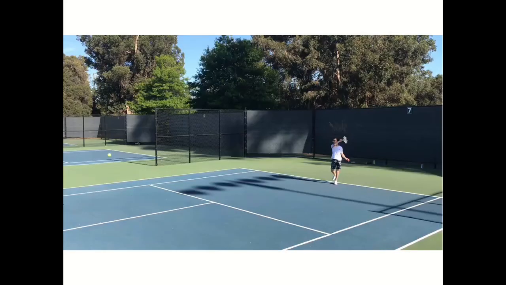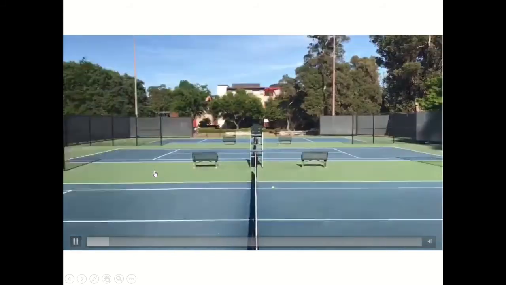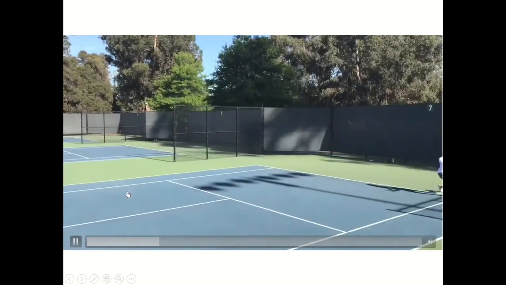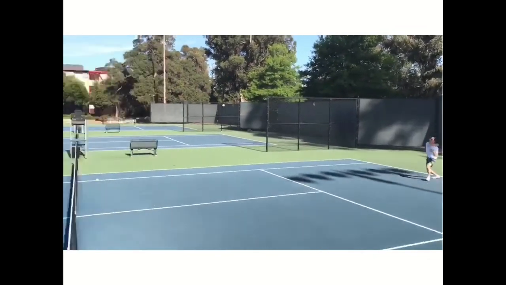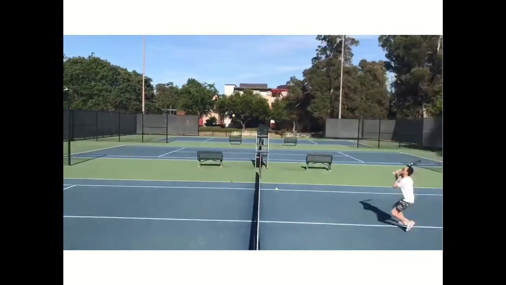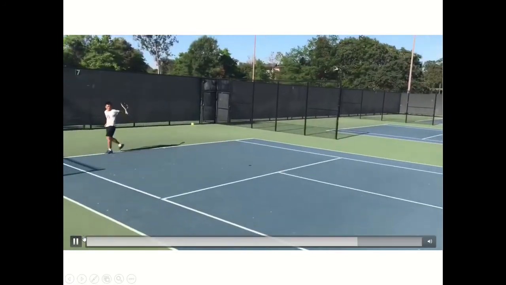Then we collected real-time data on court for 4 minutes. Backhand stroke, forehand stroke, forehand volley.